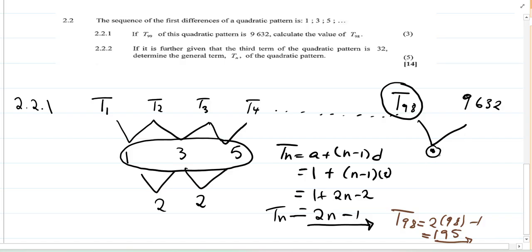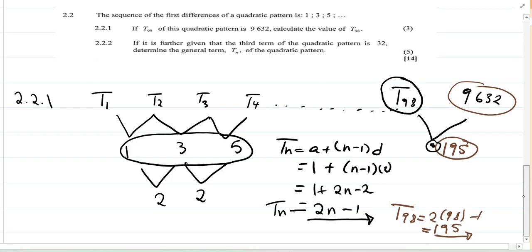So the number that comes here is 195. To get T98, this one minus this one will give me T98.